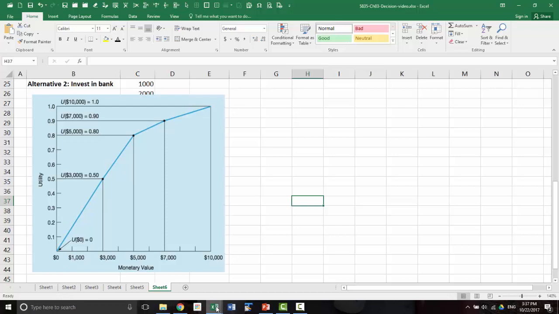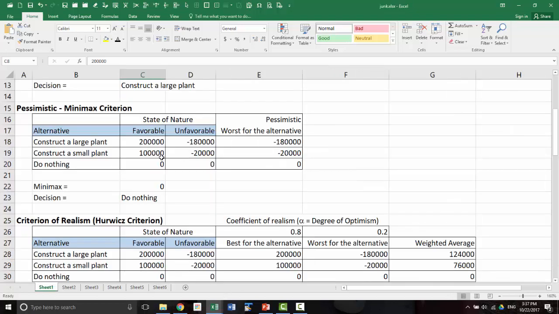If you wanted to do utility analysis for the construction of a large plant or small plant, you would start with minus 180,000 all the way through 200,000. You'll construct the utility curve and then determine what the utilities are. Of course for these two it will be 0 and 1.